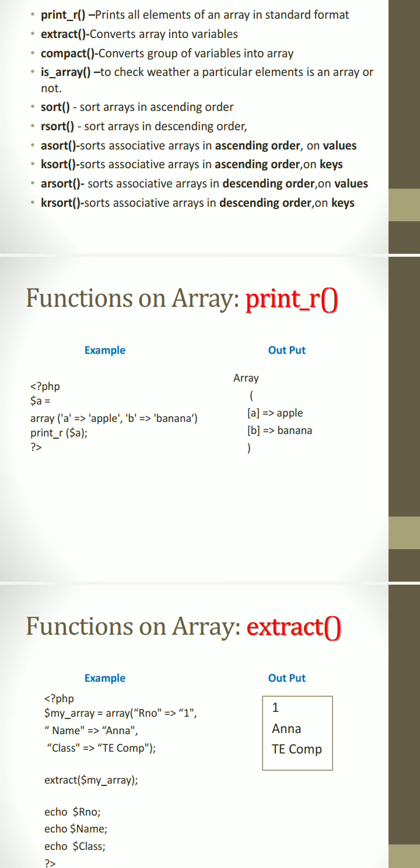So $a is nothing but an array, and we have written print_r in bracket $a, that is the array name. So how will it give the output? Array in bracket, index bracket a equal to apple and b equal to banana. Okay, so this is the standard format to print an array.